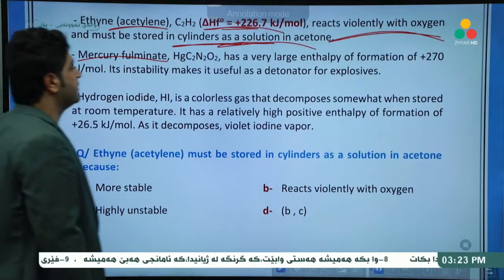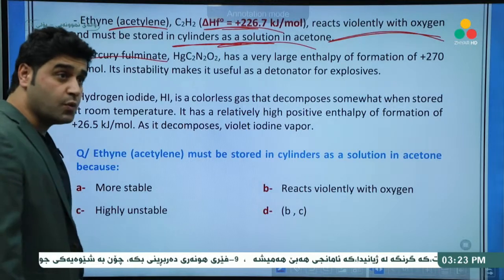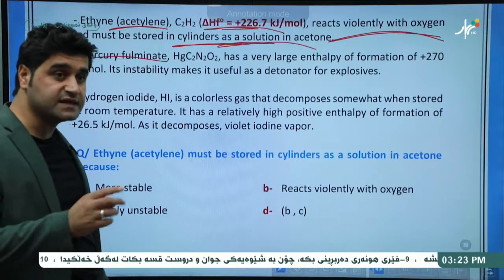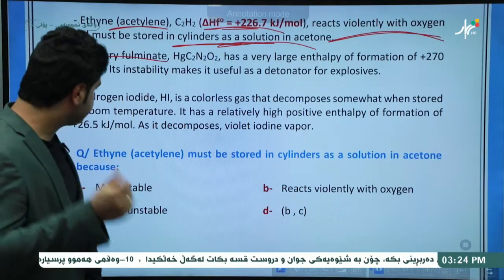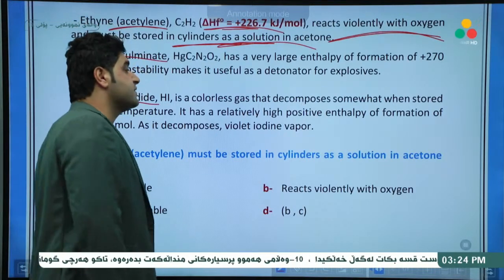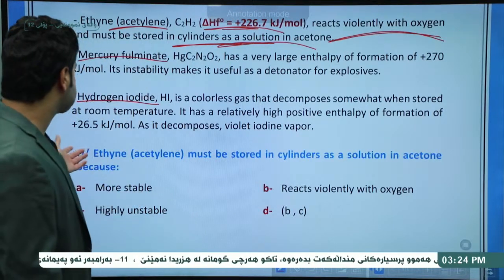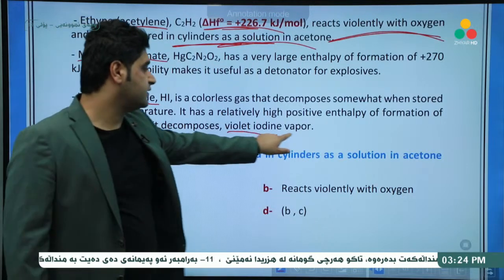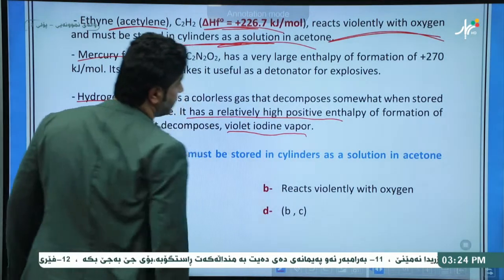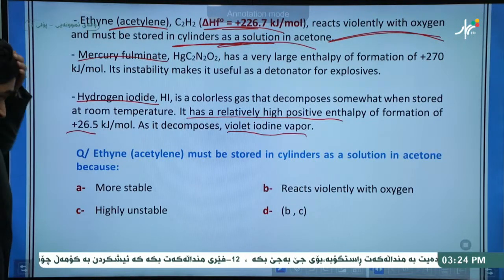Mercury fulminate has a very large enthalpy of formation. Again, it's very unstable and very reactive, so it can be useful as a detonator in an explosion, producing a spark. Hydrogen iodide, HI, is a colorless gas that decomposes to produce violet iodine vapor, because its enthalpy of formation is a relatively high positive value, 26.5 kilojoule per mole.